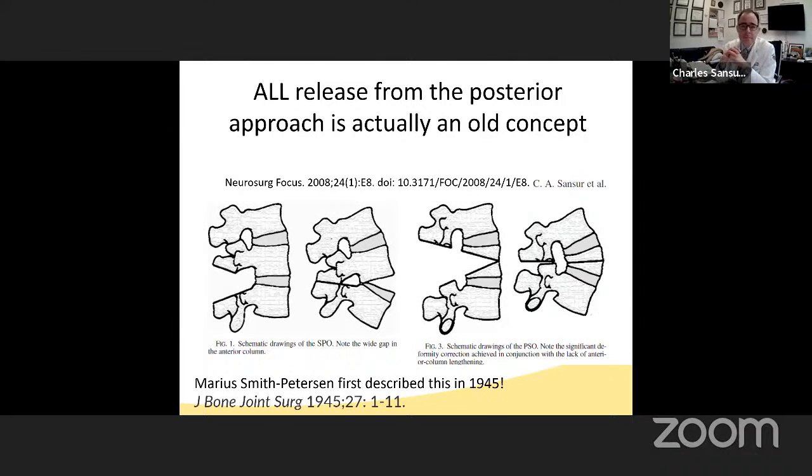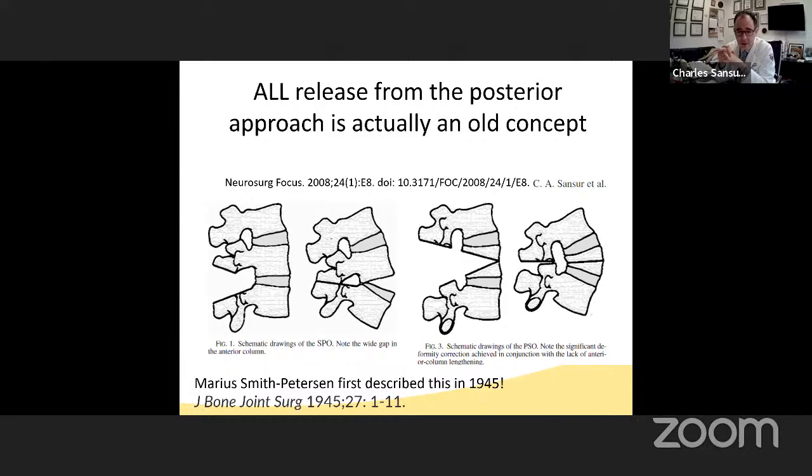So releasing the anterior longitudinal ligament from the posterior approach is far from a novel concept. It was actually described in 1945 by Dr. Marius Smith-Petersen in the Journal of Bone and Joint Surgery.